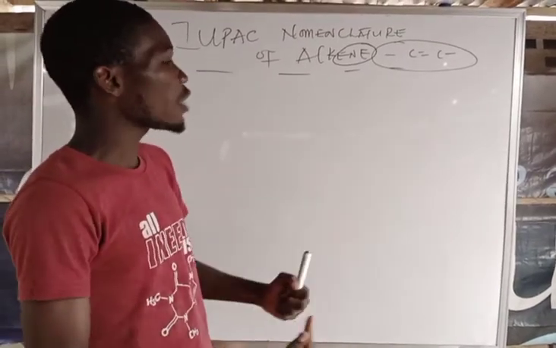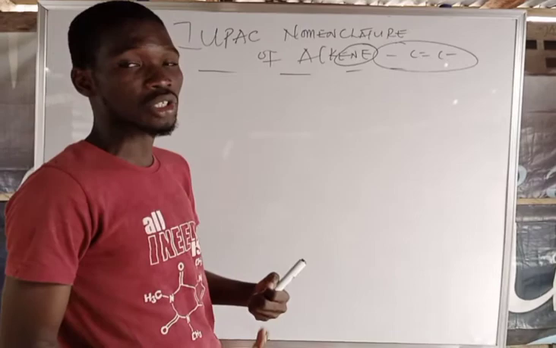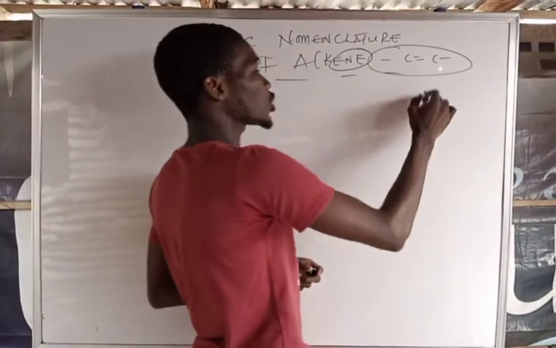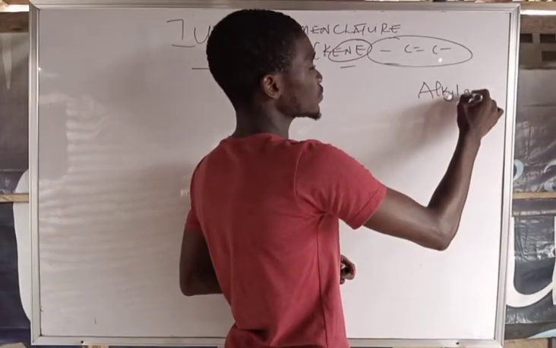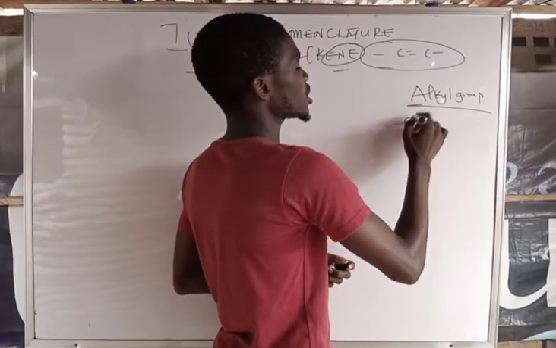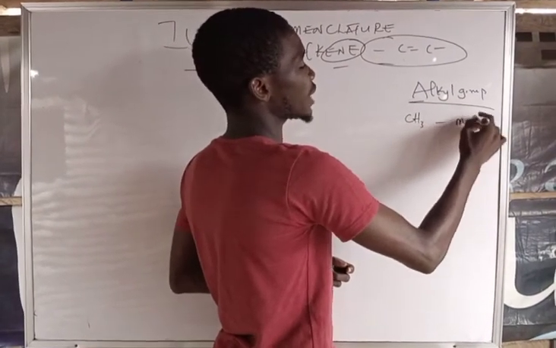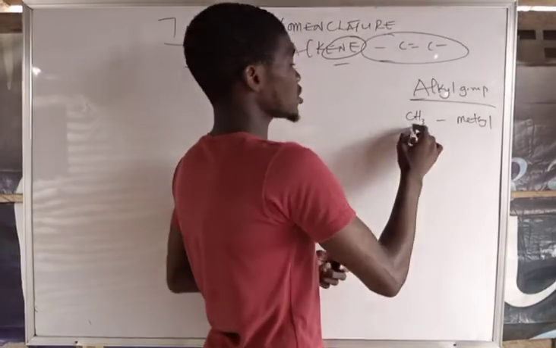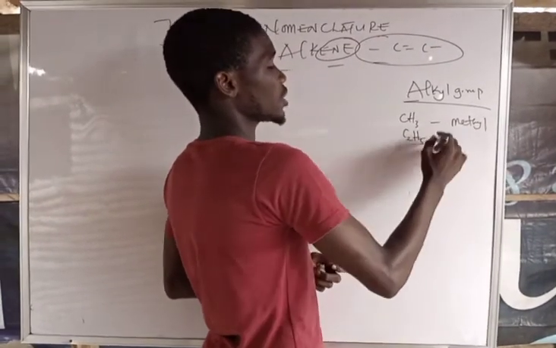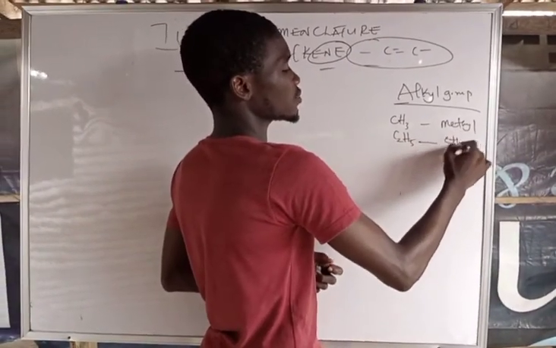Again, the alkyl group and the halo group which you are going to consider are just two types. For the alkyl group, I have CH3 for methyl, C2H5 for ethyl.